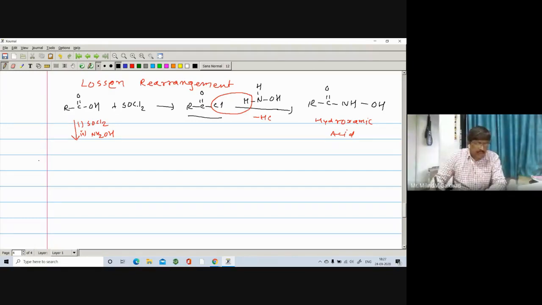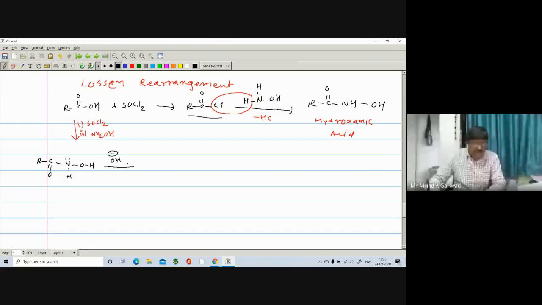So you have R C double bond O, here is N, here is H, and here is O and H. The reaction can be catalyzed in the presence of acid or also base. So we have two types of mechanism, either acid or base catalyzed.